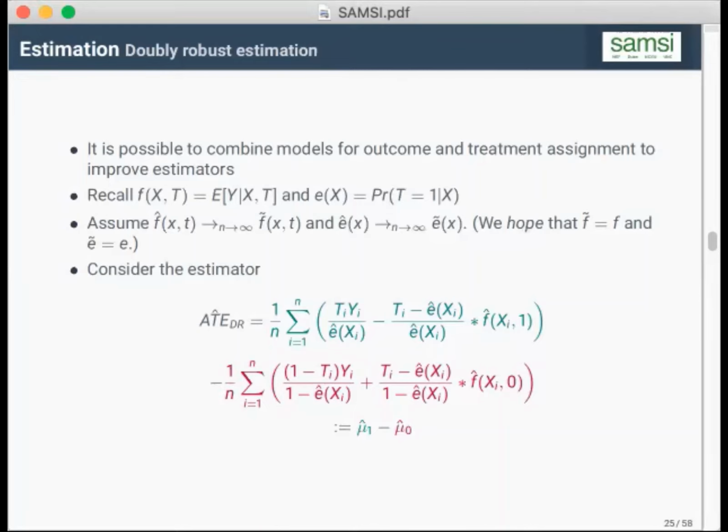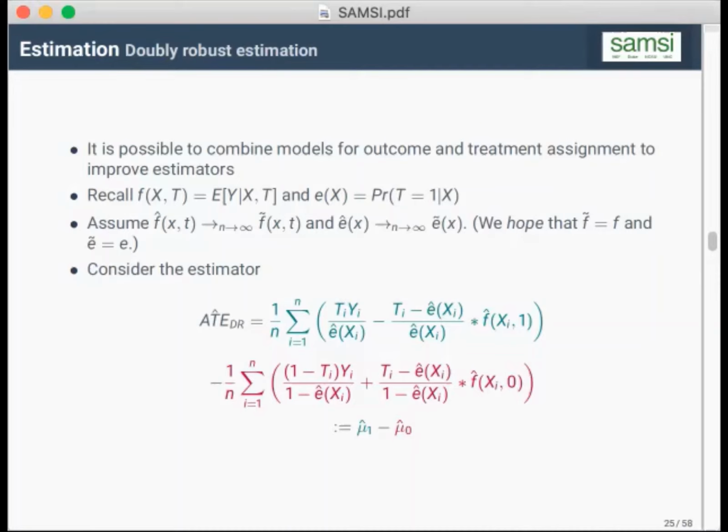So suppose we have an estimator F hat for the outcome regression and an estimator E hat for the propensity score model. And ideally, both of these models would be correctly specified, and F hat would converge to the true outcome regression F, and E hat would converge as n goes to infinity to the true propensity score model E.